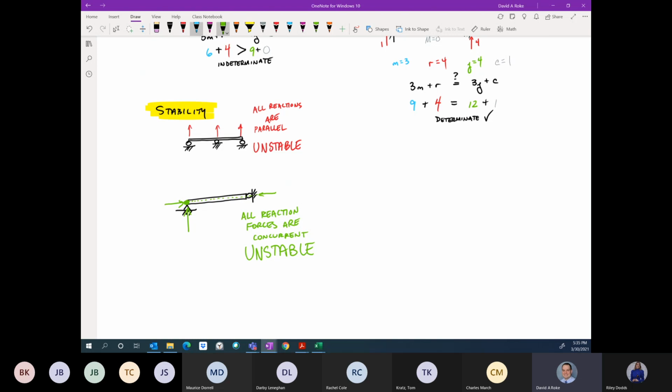And the final instability condition is very truss specific. Remember that trusses are built on triangles. We can have a bunch of truss elements connected in a square instead of triangles.